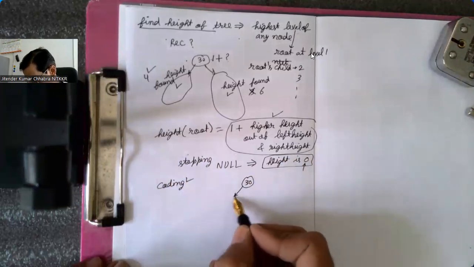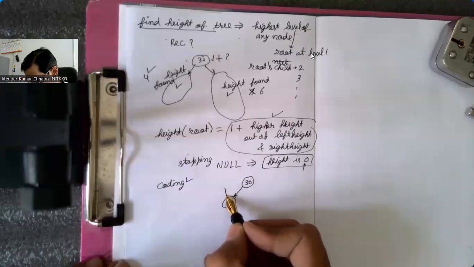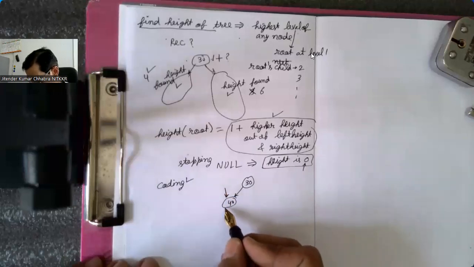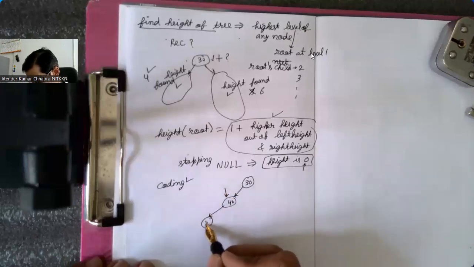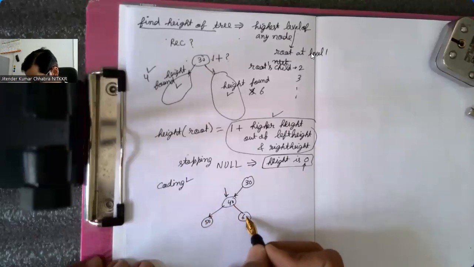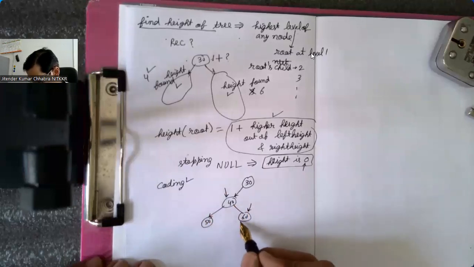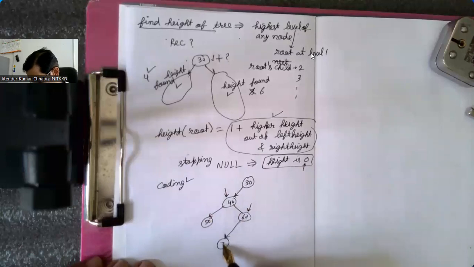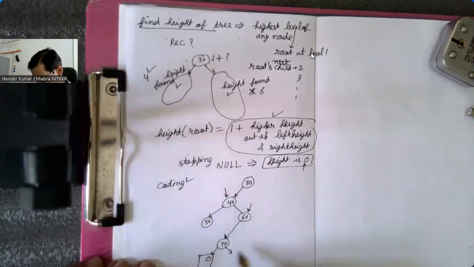Effectively, it will go from 30 to 40. So when it is trying to calculate height for 40, it will further go to 50. It will also go to 60. When it comes to 60, it will further go to 70. 70 will further go to both sides. Both sides will say, this side's tree height is 0, this side's tree height is 0.